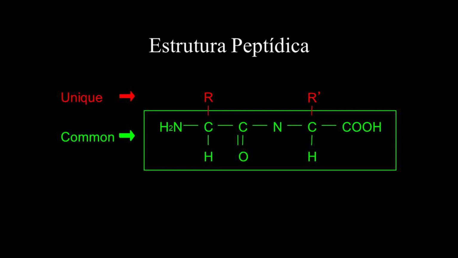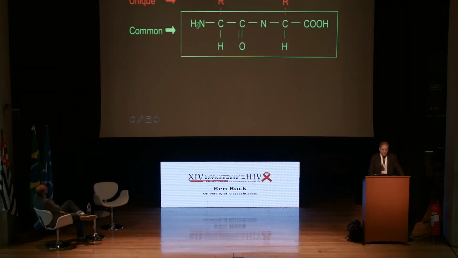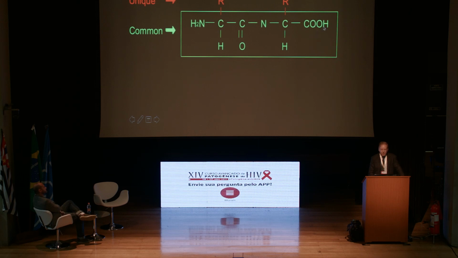And so if you actually look at a peptide structure, this is a dipeptide, 2 amino acids linked via an amide bond. This would actually be too small to bind to a Class I molecule, but it allows me to make the point. All peptides will have a free amino terminus, a carboxy terminus, and then the structure of 2 carbons linked with an amide bond.